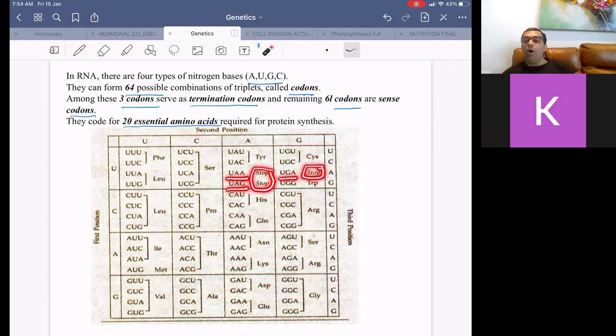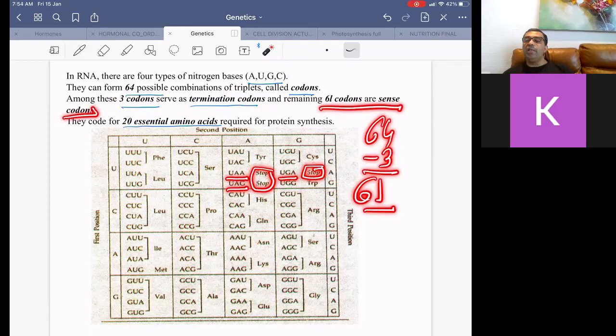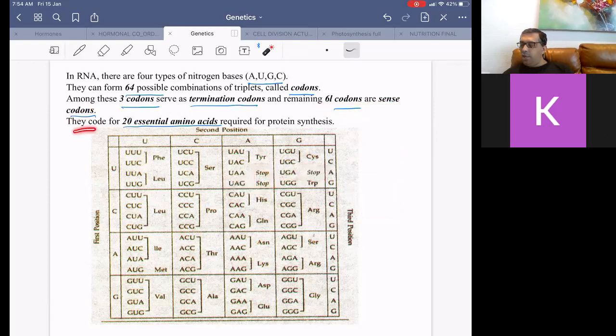They don't code for any amino acids, which means 64 minus 3, 61 codons are sense codons, and 3 are nonsense stop codons. 61 codons code for 20 amino acids.